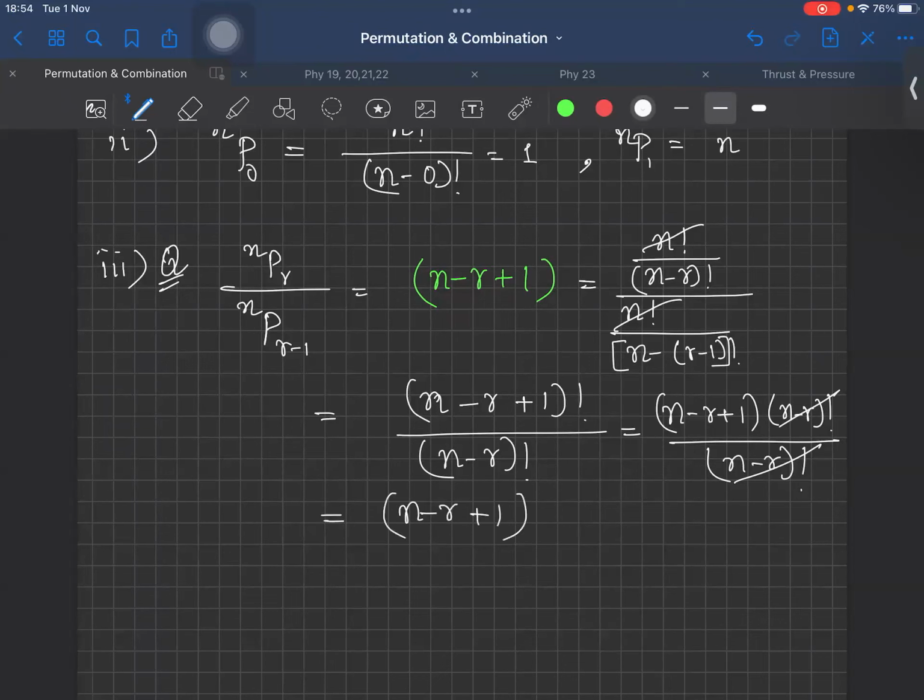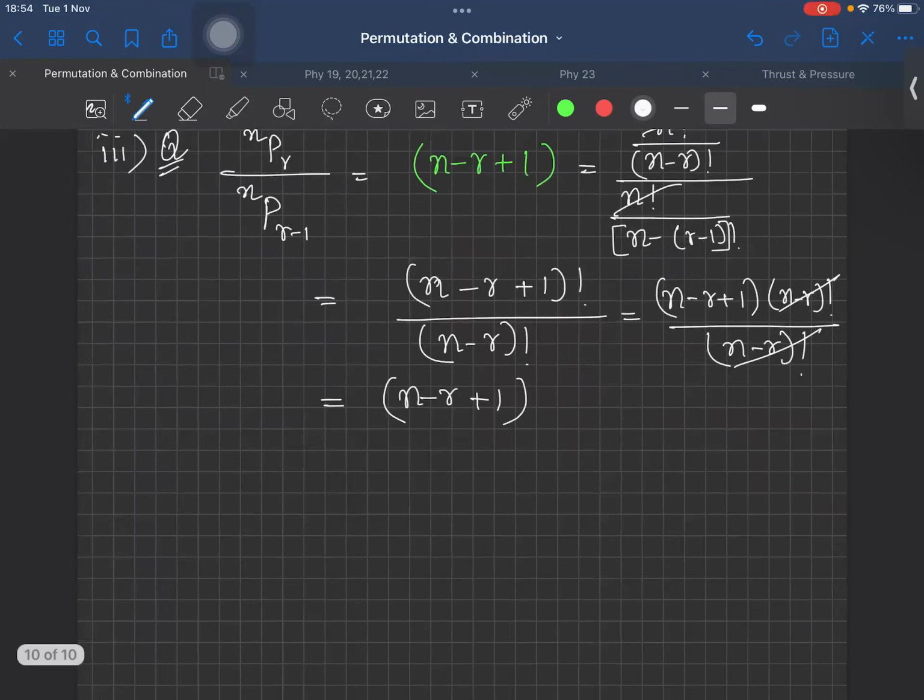Okay, all right. So obviously I'll just write it down. You are only going to use nPr when repetition is not allowed. I've written it, but I'll just write it here also. Repetition is not allowed. It's common sense, right?